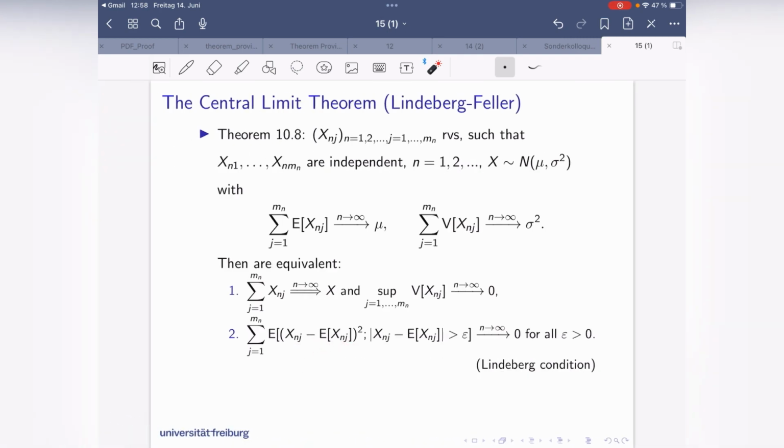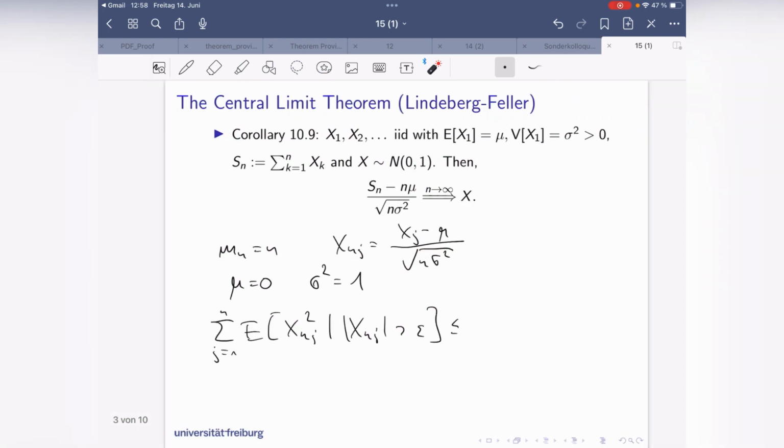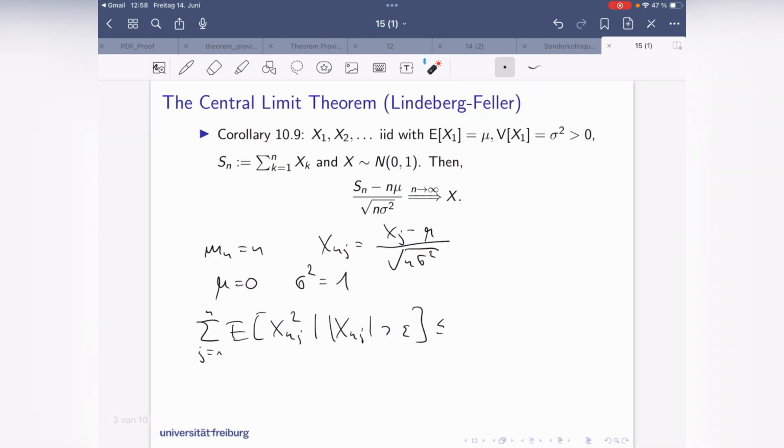So I don't need this here. And what else do I need here? So the X_nj's along each line have the identical distribution. So this here equals n times the same thing for a single one.